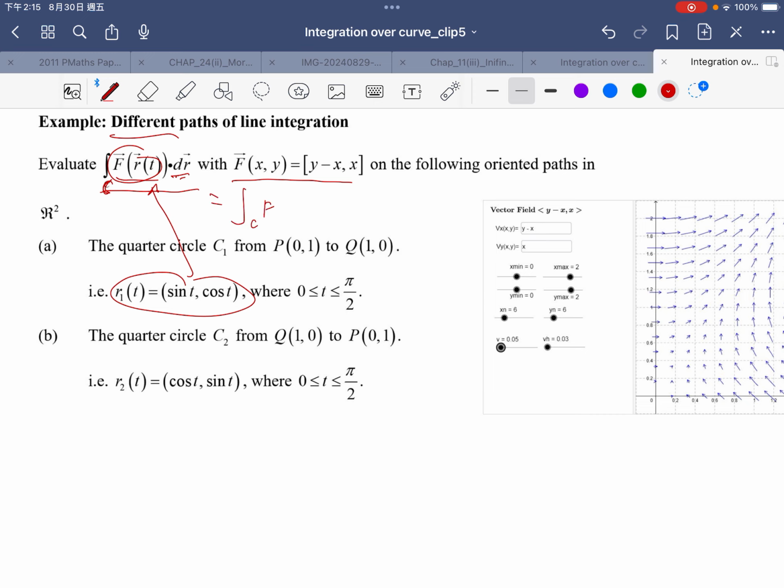In another format, we can write this as F(alpha(t)) dot alpha'(t) dt.